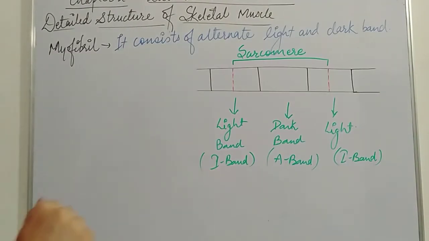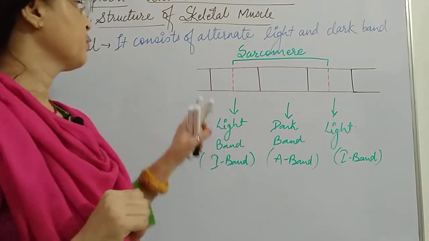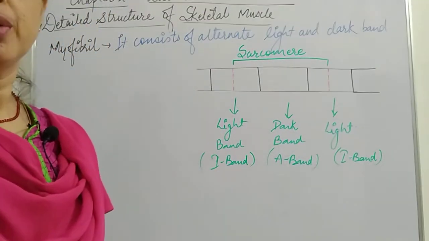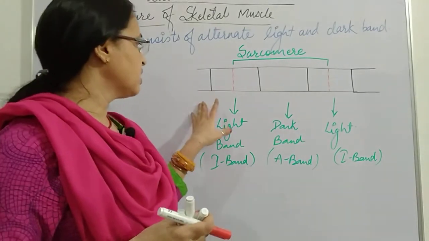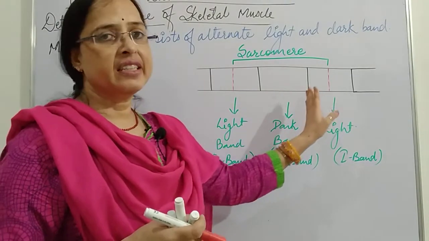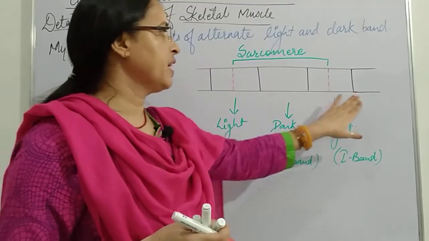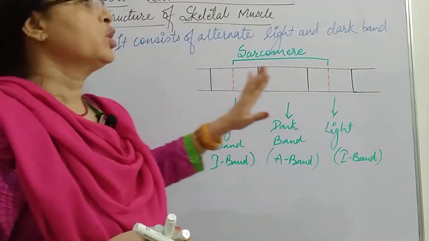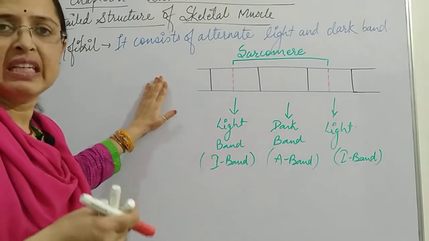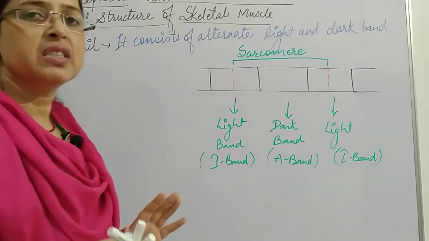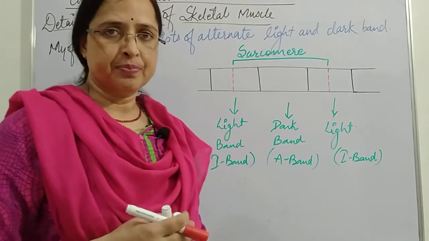Now students, here you can see the diagram. This is the diagram of a muscle fiber or a muscle cell which consists of alternate light and dark bands. See here, light band, dark band, light band, dark band. So in the muscle fiber, these actin and myosin bands are present alternately to each other.